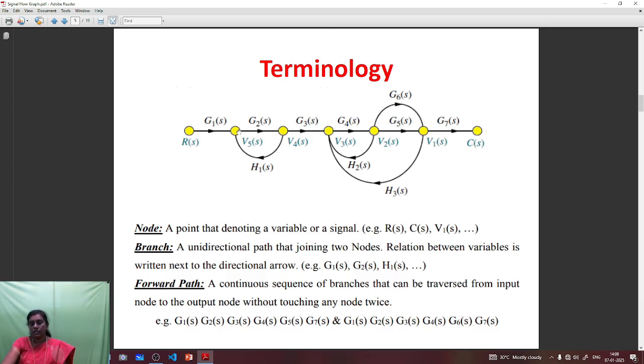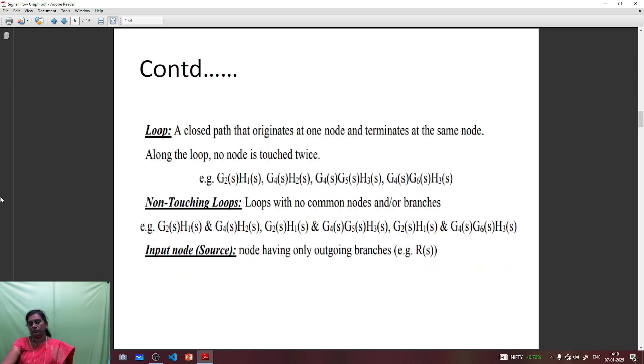It originates at V5 of S and travels in this way, and again a feedback path closes the direction to V5 of S. So this is called a closed path. The flow should reach the original node. That is called a loop.